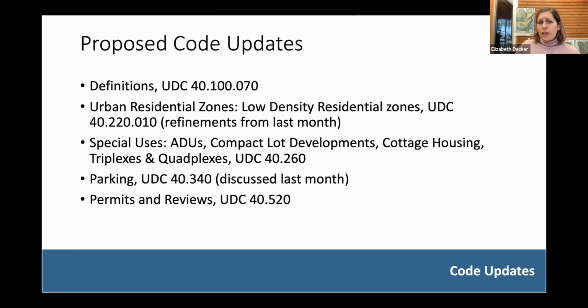I don't have any further changes to the parking code, so it is not in your package for this month, because we discussed it last month. But it will be part of the total code package being proposed as we move forward. And then there's also changes to the permits and reviews, the procedures section, to try to make it a little more streamlined and in some cases easier to develop these types of developments we're talking about.